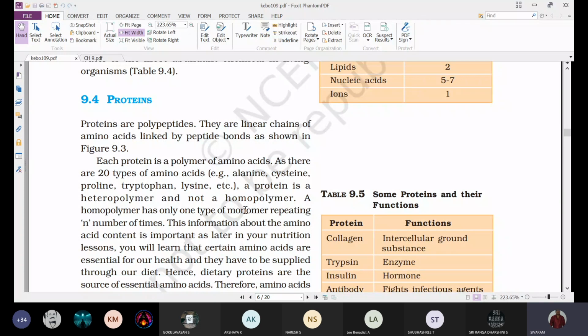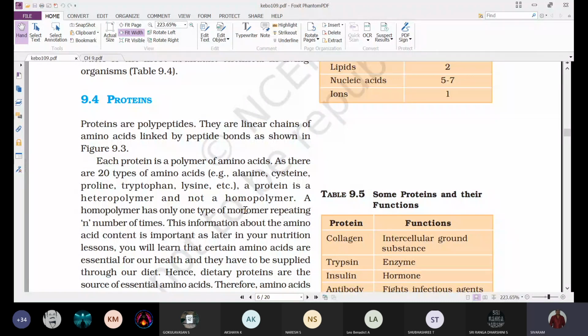When you observe these amino acids, the adjacent amino acids are joined by a bond called a peptide bond. A protein molecule is made up of many amino acids which are bound by many peptide bonds. The number of peptide bonds in a protein molecule is equal to the number of amino acids with which that protein is made up of, minus 1.